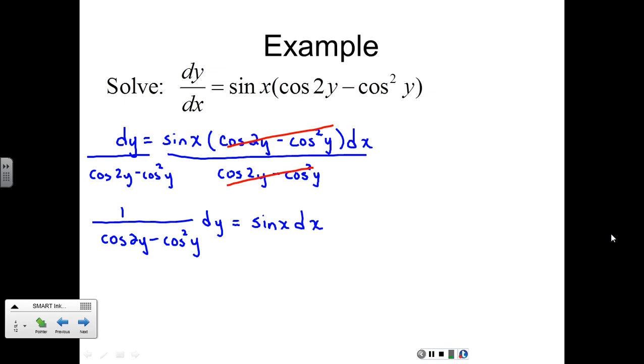Now, looking at that, the left side looks almost impossible to integrate the way it is. This is why I'm doing this example with you. Can anybody remember an identity we could use for cosine of 2y? Does anybody remember those or have them written down somewhere or a book to look in?